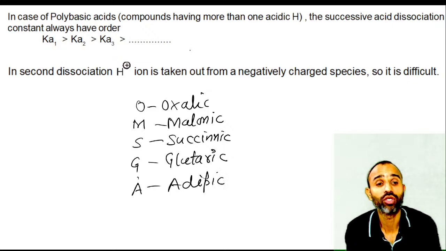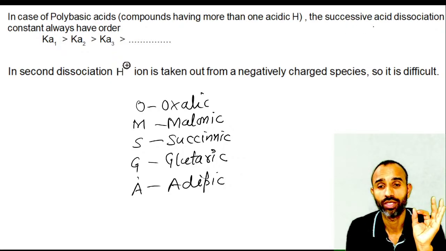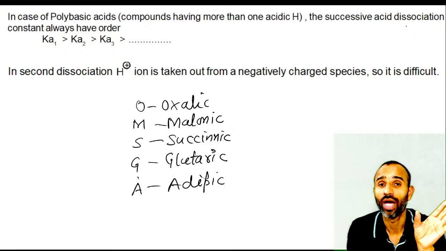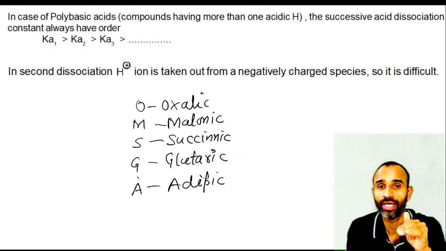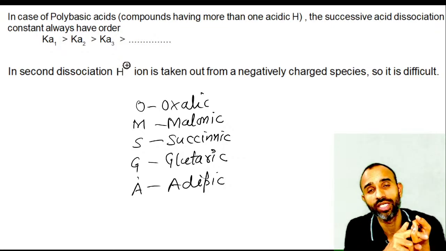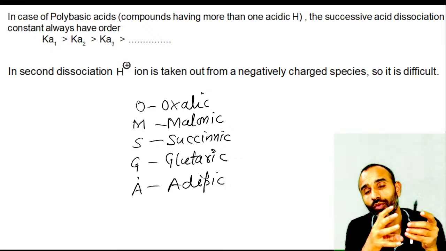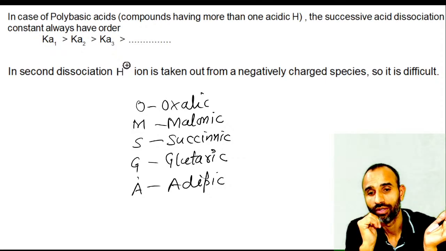Okay, in case of polybasic acids, it is always true that successive acid dissociation constants have the order Ka1 greater than Ka2 greater than Ka3, because when one H plus ion is removed, that becomes an anion, and you know, removal of cation from the anion is difficult.